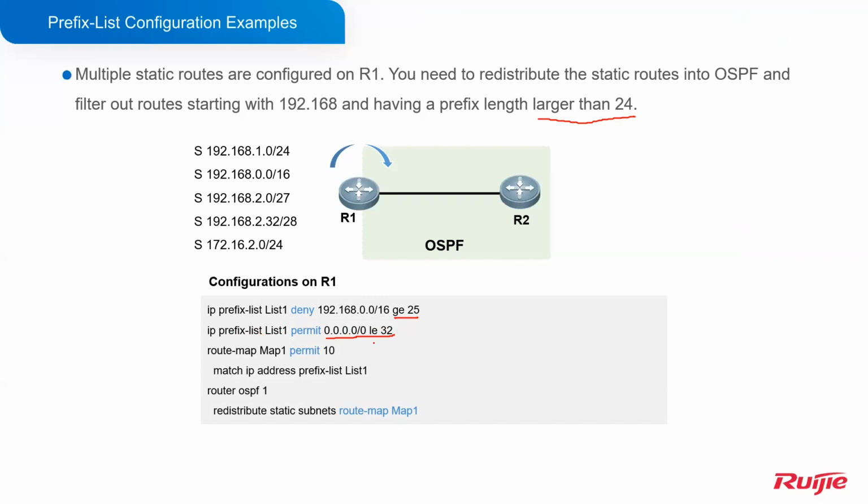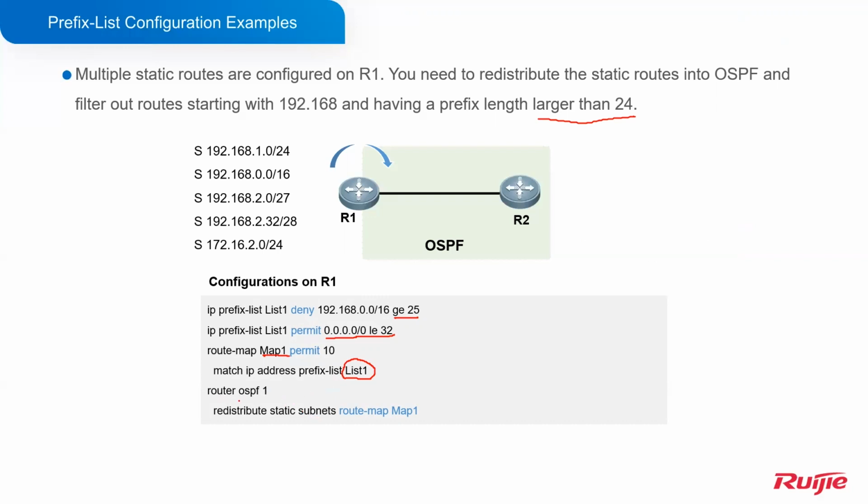And then after configuring the IP prefix list, next is to configure the route map. The name of the route map is map1 permit 10. Match IP prefix list 1. So we are referring to the IP prefix list we just configured. And the last is to invoke the route map we just configured.